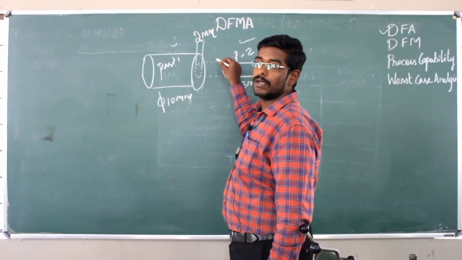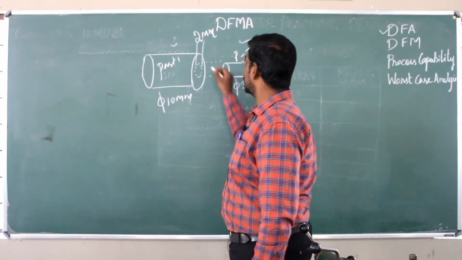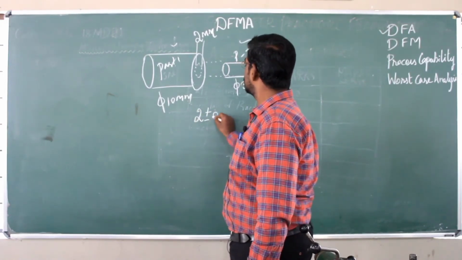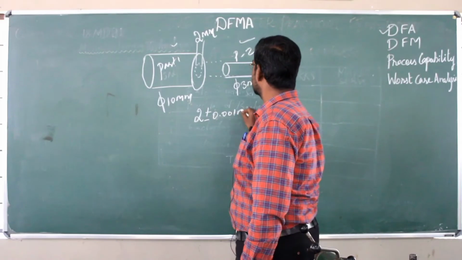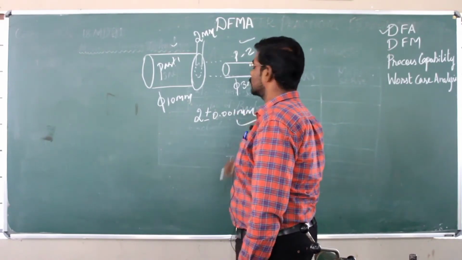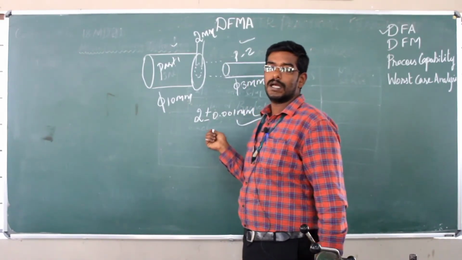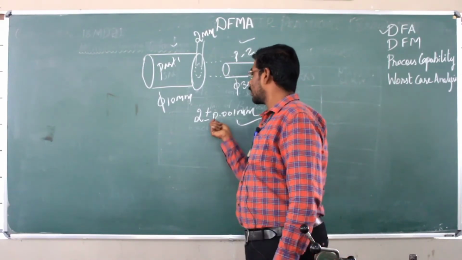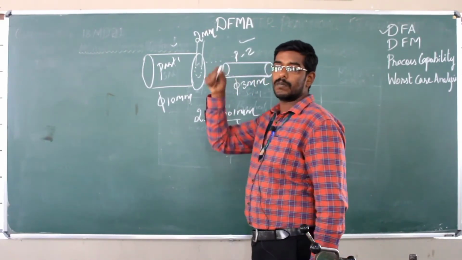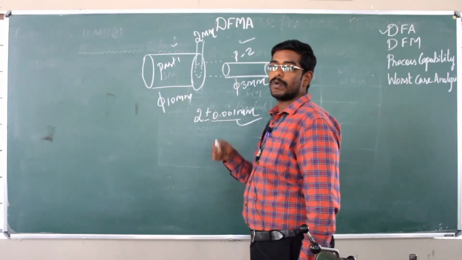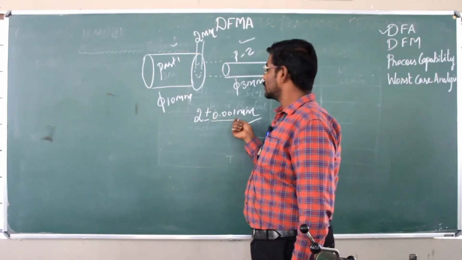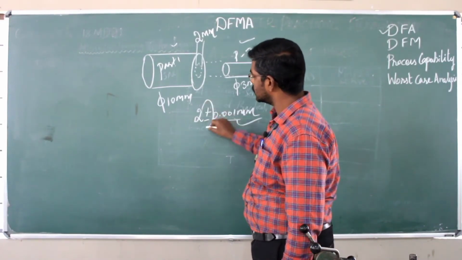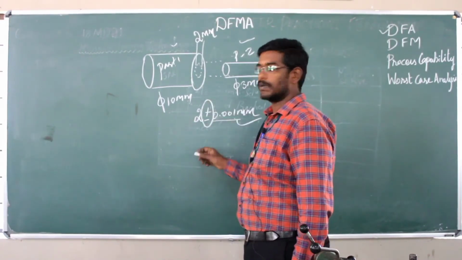So I will give the dimension as 2 plus or minus 0.001 mm. By considering this tolerance, an operator or labourer can understand that I can give a plus 0.01 mm and a minus 0.01 mm tolerance. So this is the applicable tolerance. What does this plus or minus actually mean?